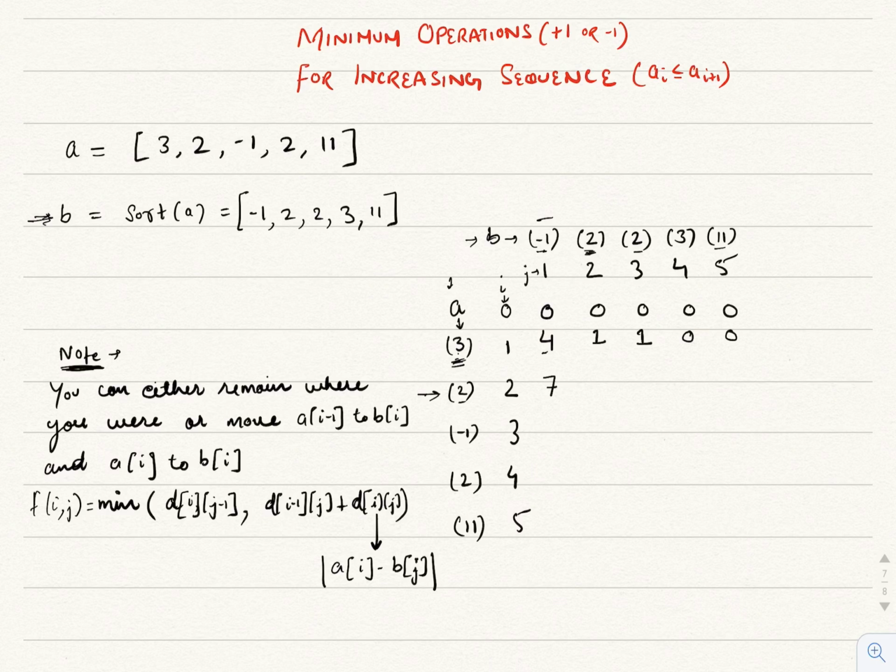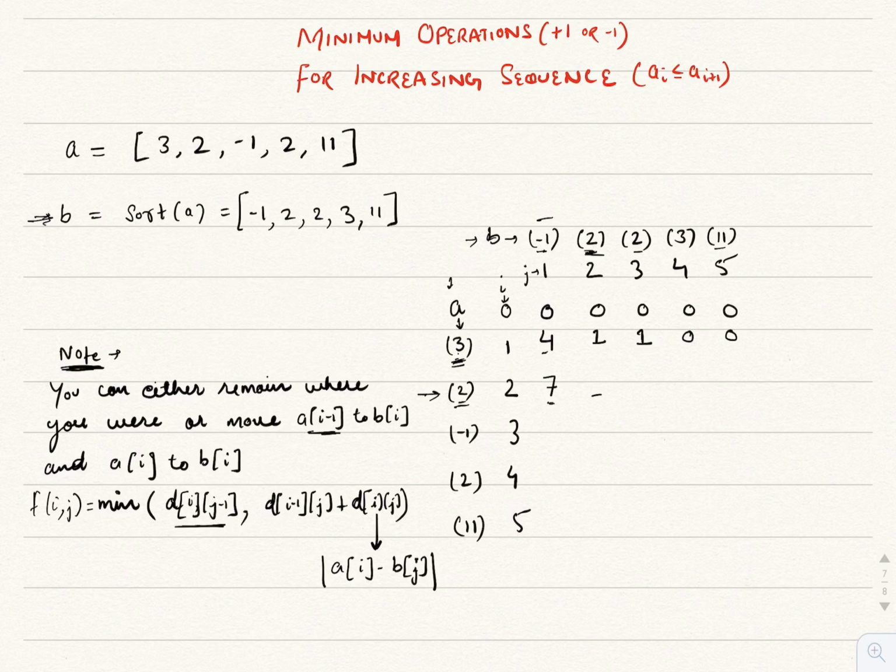So now let's look at this node. To find this element, what we have to do is we'll either remain where we were, that is 7, which is D[i][j-1], or we move 3 to 2 and we keep 2 as 2.